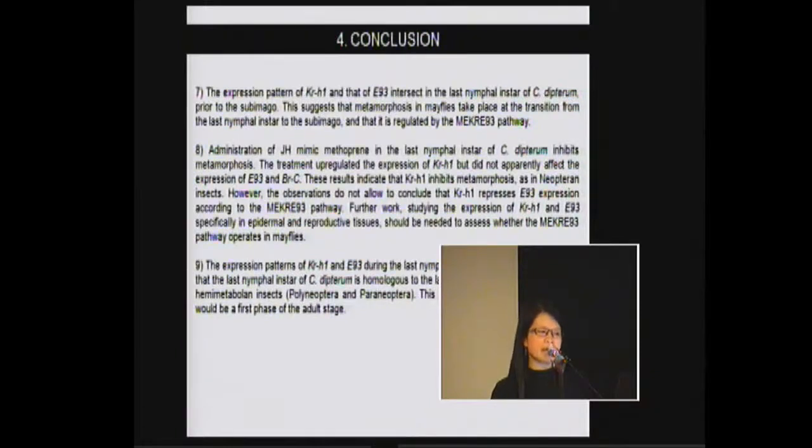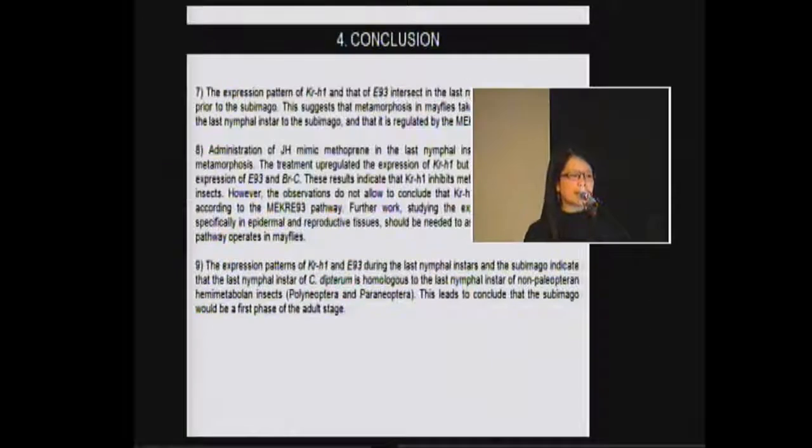Further work studying the expression of Krüppel homolog 1 and E93, specifically in the epidermis and reproductive tissues, would be needed to assess whether the MEKRE93 pathway operates in mayflies.